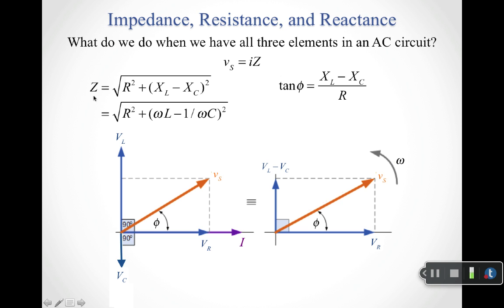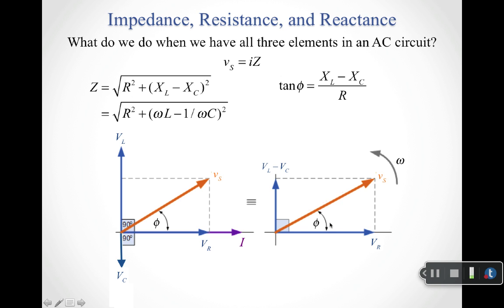And so I can calculate the impedance by saying, well, this was the impedance in the x direction, due to the resistor, plus the impedance due to the reactances of my inductor and capacitor. Since this is x and this is y, I'm just taking the x component squared plus the y component squared, and taking the square root.